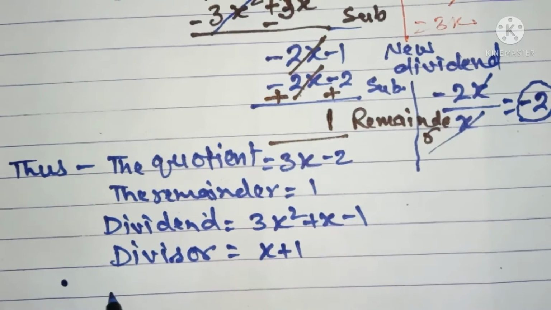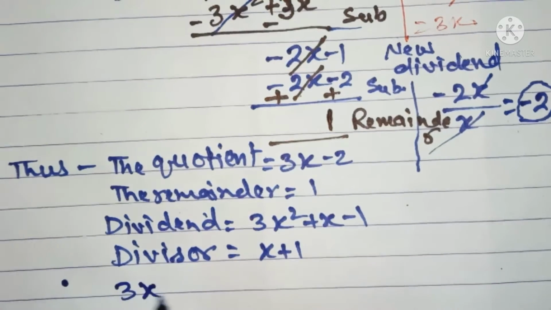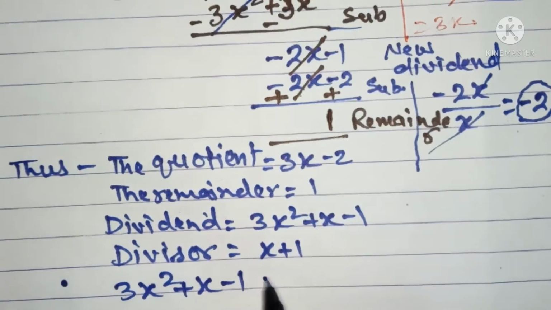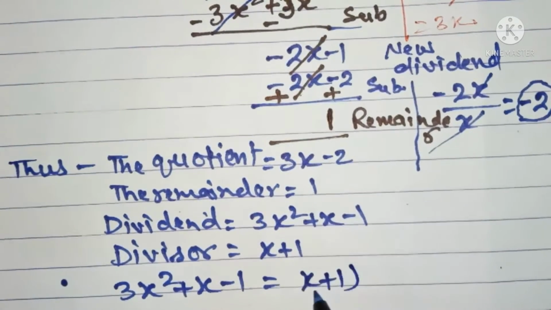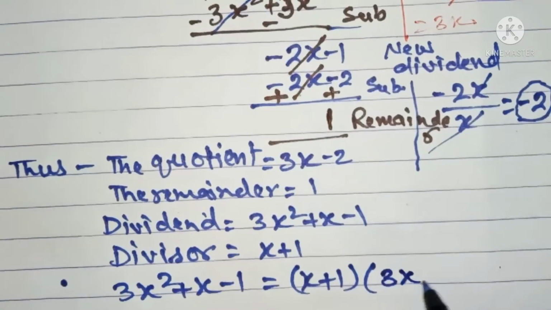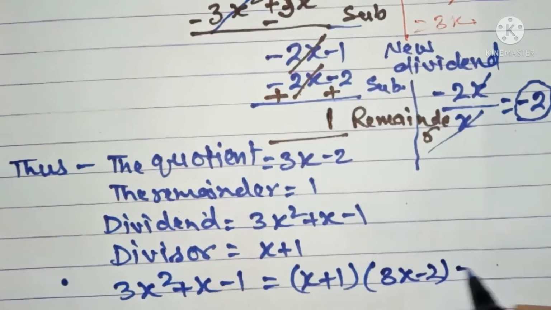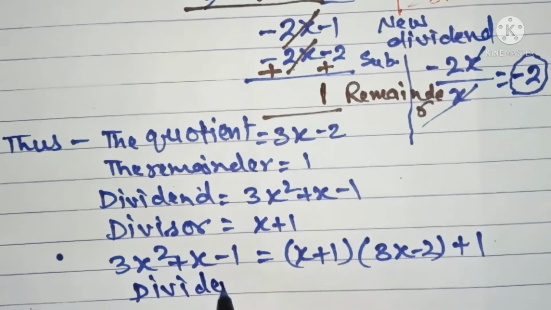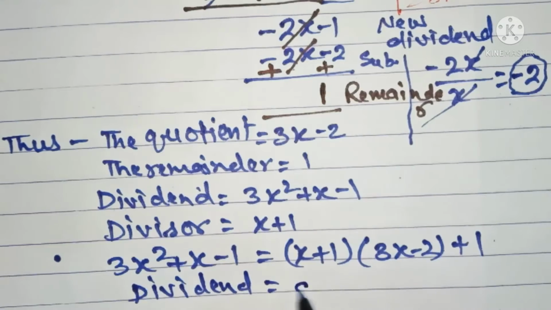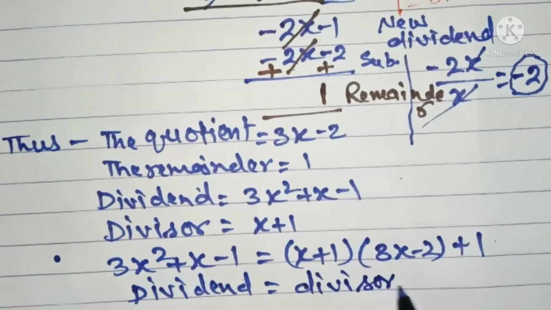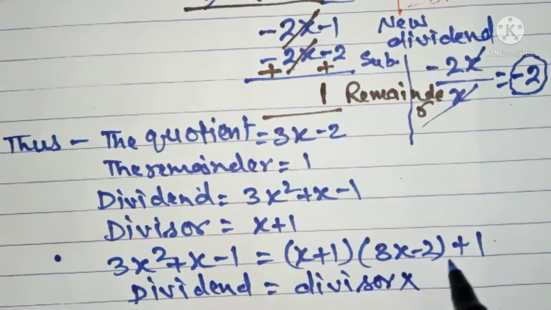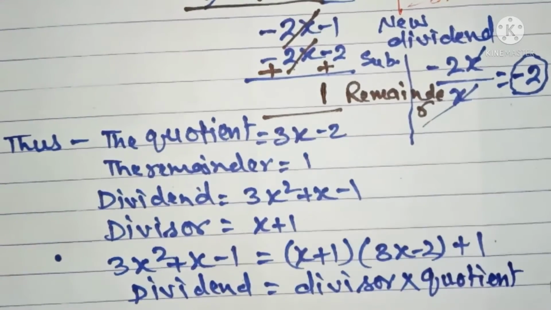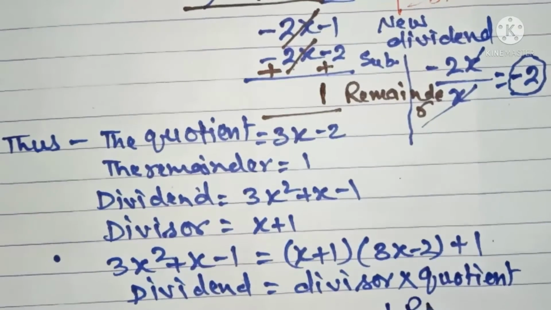Finally, we can write it as 3x square plus x minus 1 is equal to x plus 1 into 3x minus 2 plus remainder 1. This is dividend is equal to divisor into quotient plus remainder.